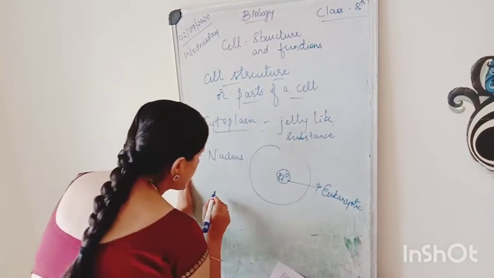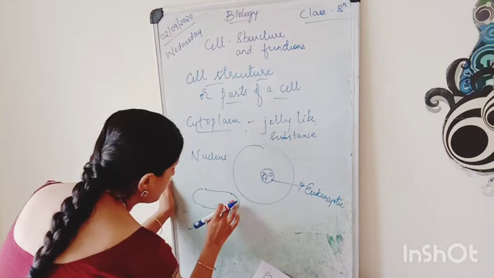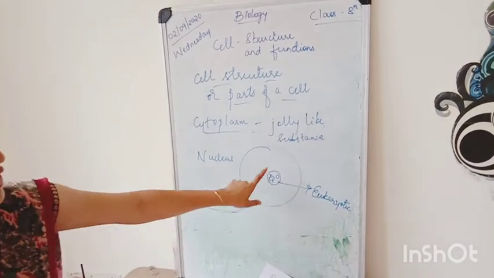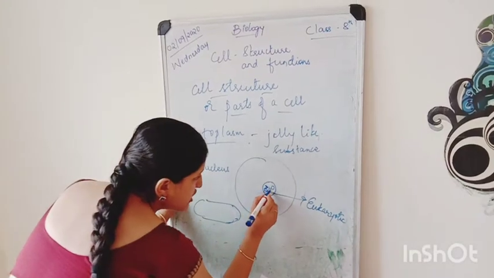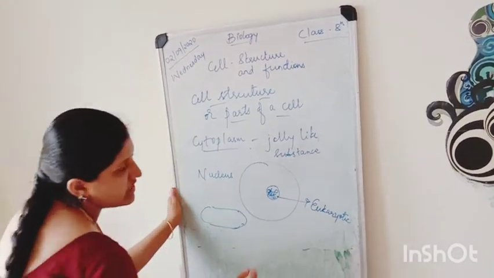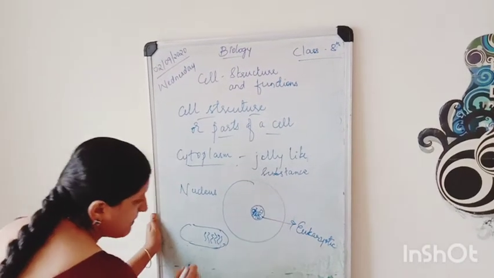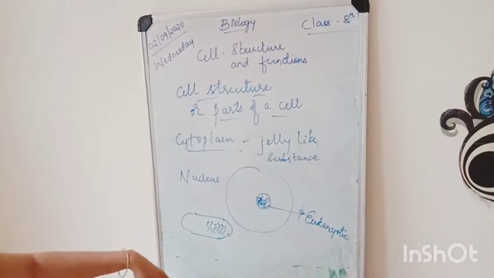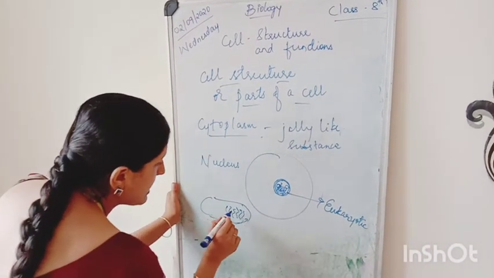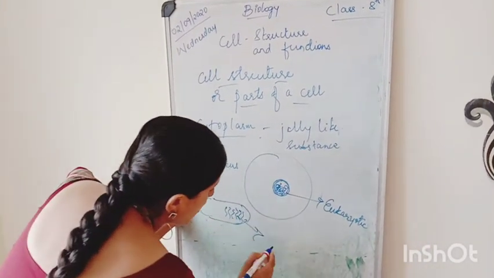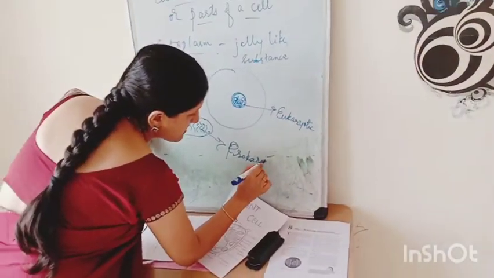What happens in case of bacteria is, this is one cell. Here there is no nuclear membrane present in case of bacteria. So the genetic material, chromosomes or genes, is present randomly. It is not covered inside a nuclear membrane. Such organisms we call prokaryotic organisms.